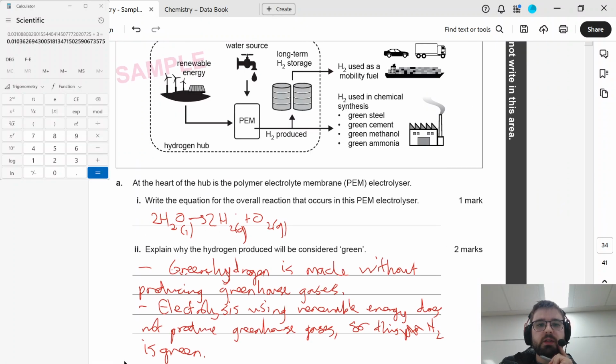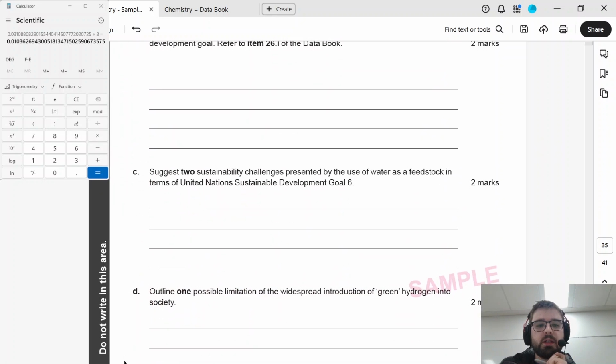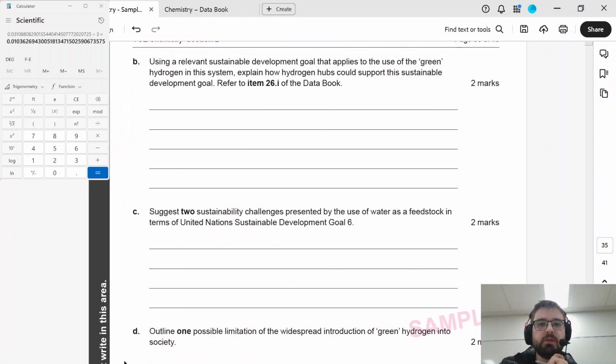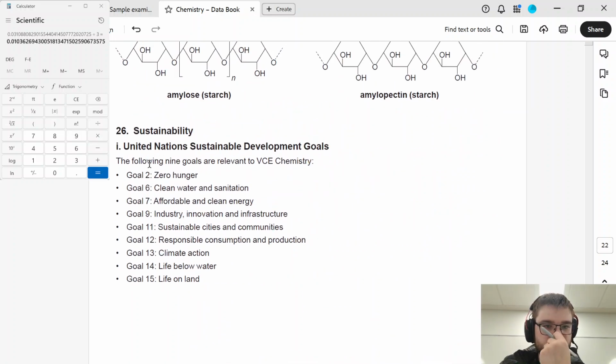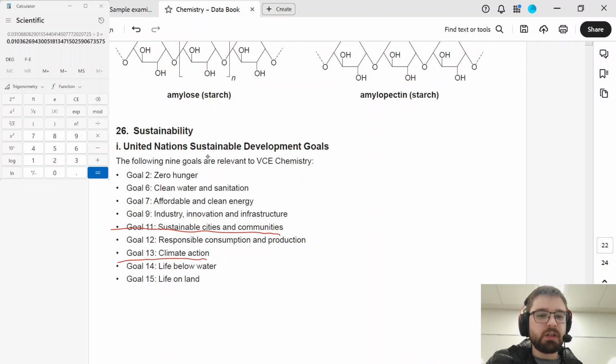Ooh, it does talk about the sustainability goals. Using a relevant sustainable development goal that applies to the use of the green hydrogen in the system, explain how hydrogen hubs could support the sustainable development goal. Okay, interesting. So I'd be thinking we could either go sustainable cities and communities. We could probably talk about climate action, industry innovation and infrastructure.